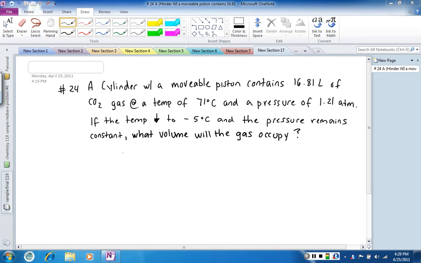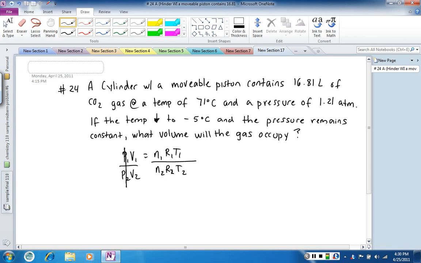This is a ratio problem. So you've got P1 V1 equals N1 R T1, over P2 V2 equals N2 R T2. Now it tells us the pressure remains constant, so we can drop that out.